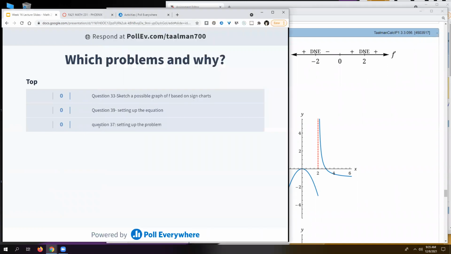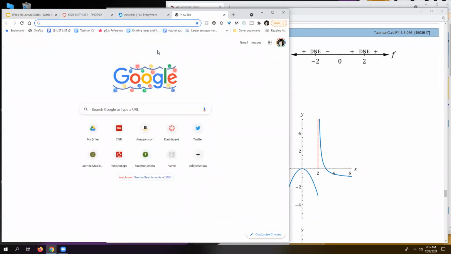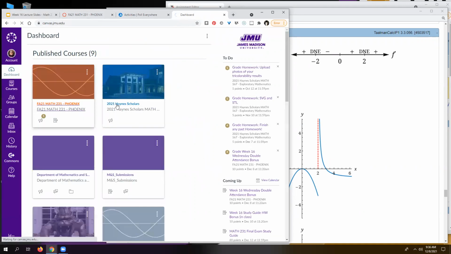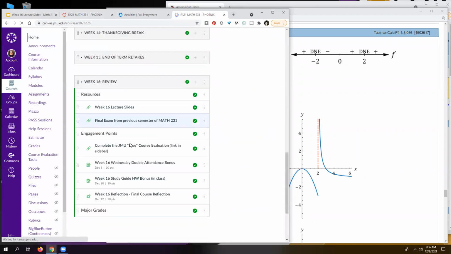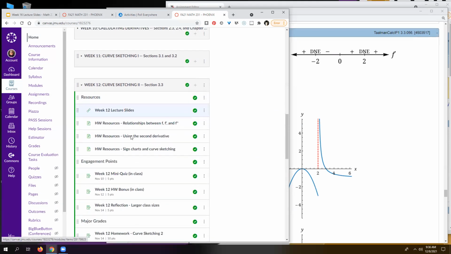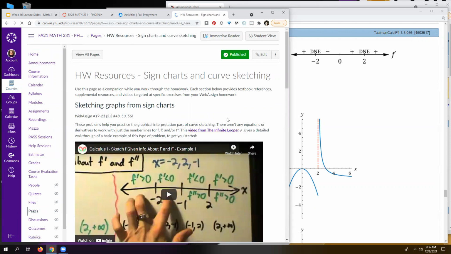So I said this out loud earlier, but maybe I should do it again. So again, this is section 3.3. Maybe I should actually just show you what I'm talking about. So you see section 3.3 is right here. And then you can say this is definitely this sign charts and curve sketching thing. Now this was question 56.